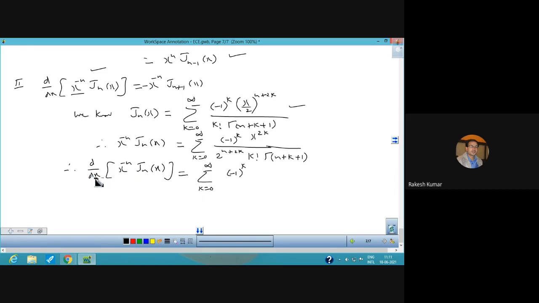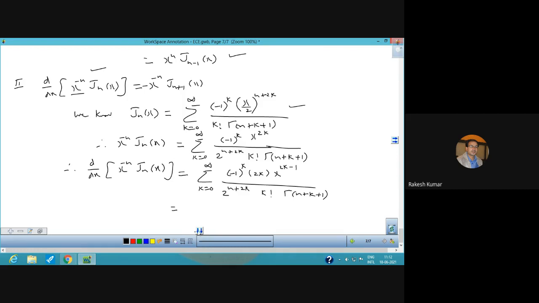Remember, derivative is with respect to x. So its derivative comes out to be 2k x raised to power 2k minus 1, divided by 2 raised to power n plus 2k, and we have k factorial, we have gamma n plus k plus 1. This is after doing the derivative.